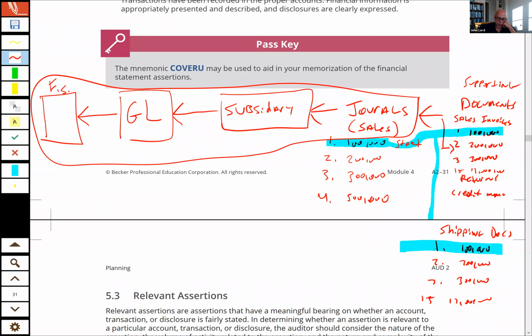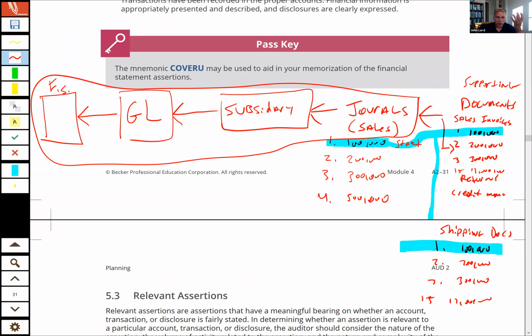Okay, so again, are you satisfied that that first entry in the sales journal was supported? As long as it's recognized in the proper period, I would say yes. Okay, well, we're not talking about cutoff procedure at this point, but that's a good answer, because I'm doing one procedure for a particular assertion here.